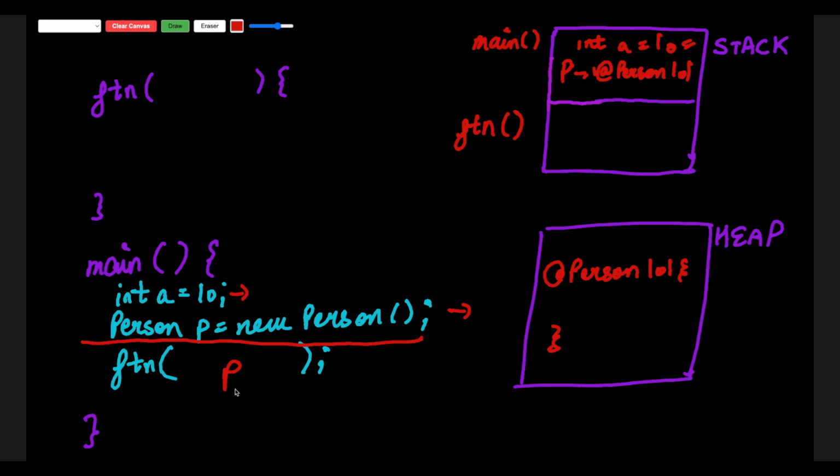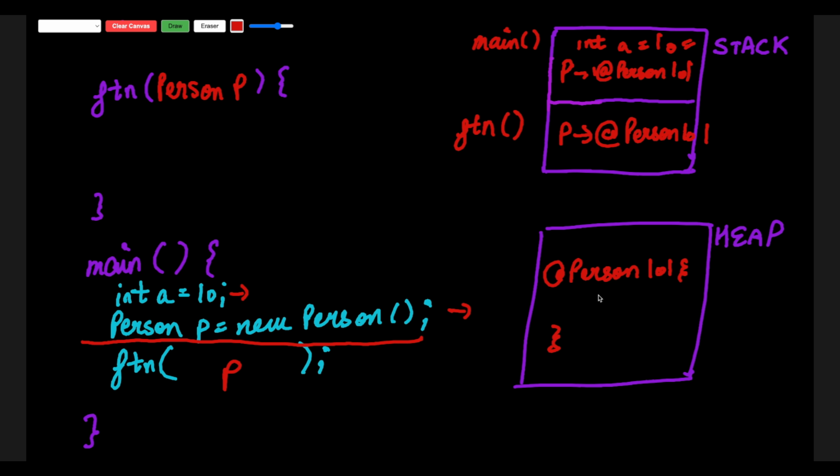So I have passed p over here and I receive p over here too. And because Java is pass by value, we create a copy of object p. So inside the function stack frame, a p variable is defined which is referencing the same person object 101.